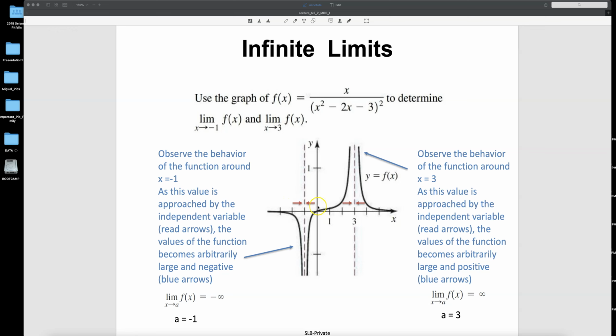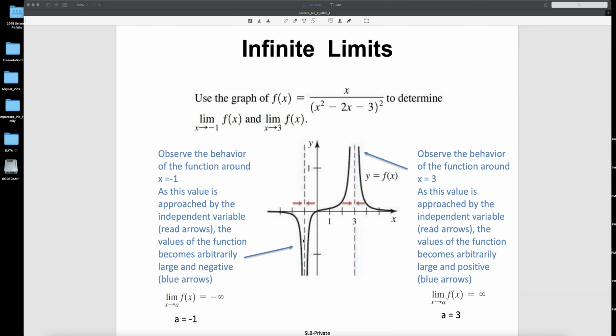You can see that whenever we approach the number -1 in the independent variable from either side, from the left or from the right, the function is going to be negative. But it's going to be negative in which way? Whenever we approach -1, we're going to start getting very large negative numbers.